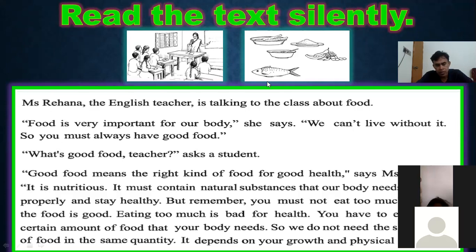Eating too much is bad for health. Yes, if the food is good, we cannot take a lot of food. We have to take a certain amount of food based on our physical growth and structure.